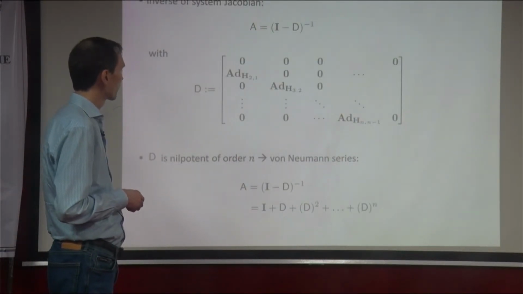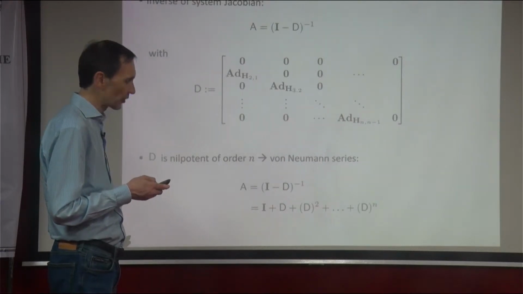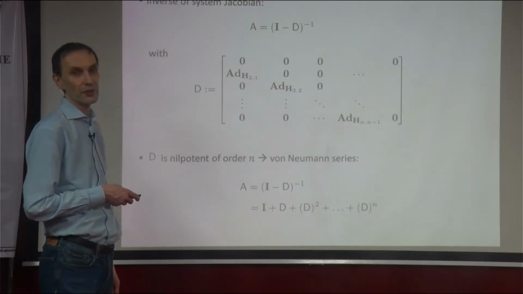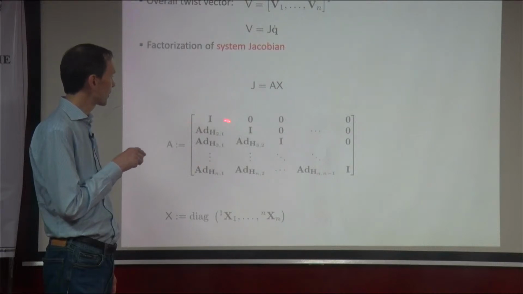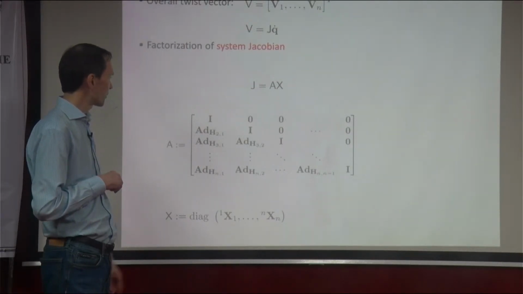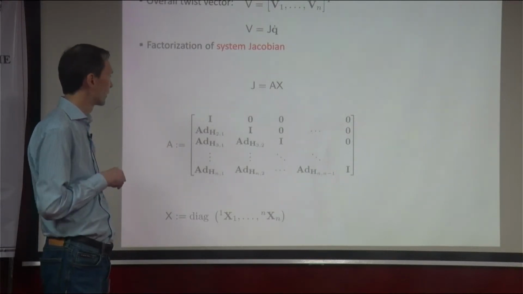There is much more to say. In some instances, you need to invert this A. We have been saying A has this triangular structure, which is of course true. What's the dimension of this big A matrix?